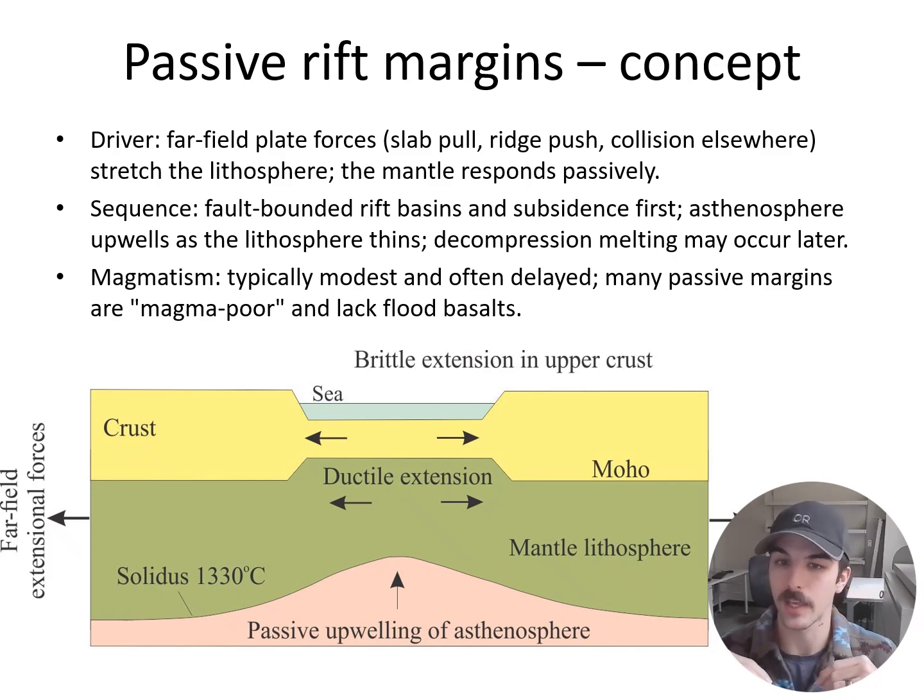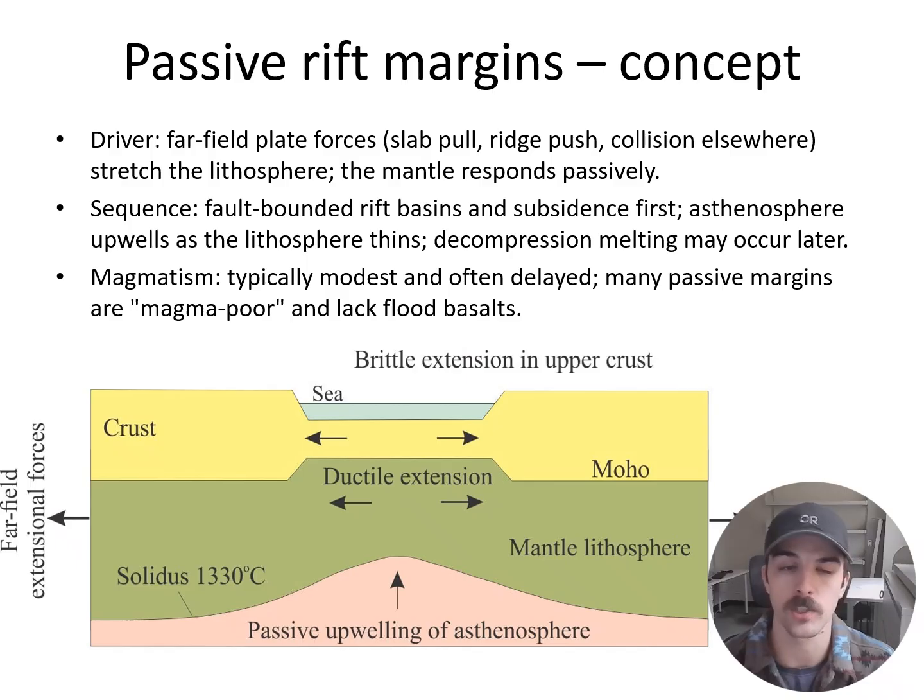If you imagine a lithospheric plate being pulled apart at some point, a weak point in the plate perhaps, and if we're not talking about a mantle plume coming up and heating and driving that splitting, then there must be something potentially pulling on the plate from another direction, causing that extension. And that's exactly what they're talking about here with far-field plate forces, such as slab pull, ridge push, or collision elsewhere. These stretch the lithosphere, and the mantle responds passively to this extension.